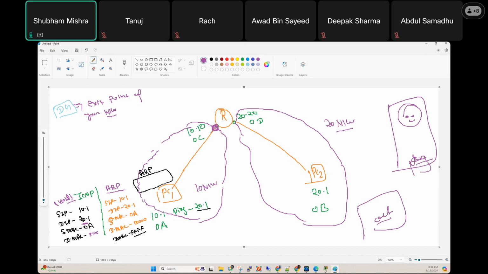So what is the exit point? This is the exit point. And what is the IP address for this exit point? That is called 10 dot, and that is called the default gateway. Anyone who does not understand default gateway? Clear, everyone? So default gateway means the exit point of your network.